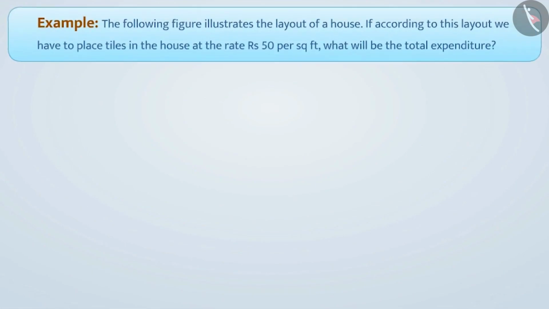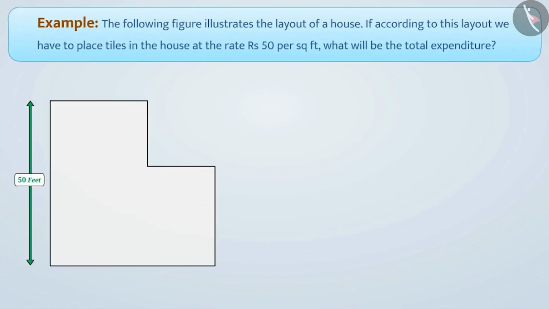Next example. The following figure illustrates the layout of a house. If according to this layout, we have to place tiles in the house at the rate of rupees 50 per square feet, what will be the total expenditure? In order to find the answer to this question, first, we will have to find the total area of the house.